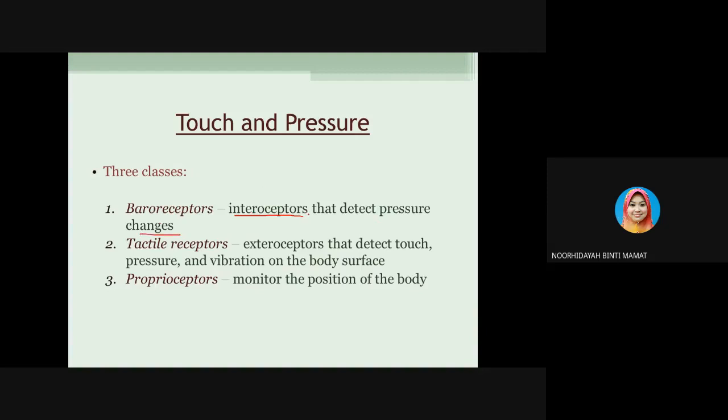The second class is the tactile receptor, which is an exteroceptor that detects touch, pressure, and vibrations on the body surface. And the third one is the proprioceptor, which functions to monitor the positions of the body.